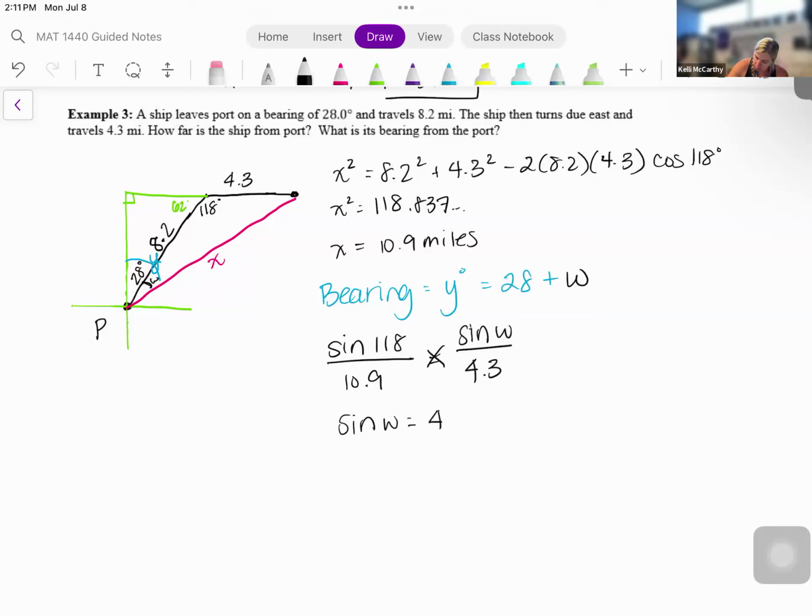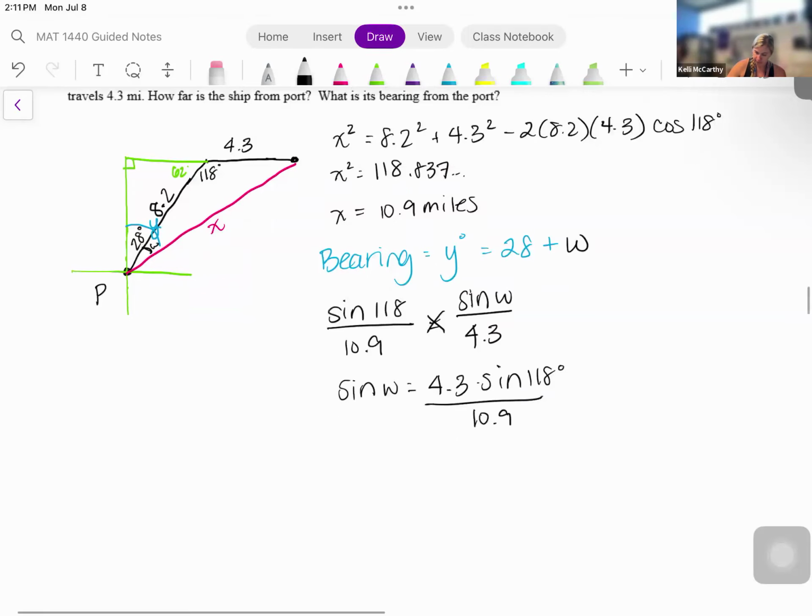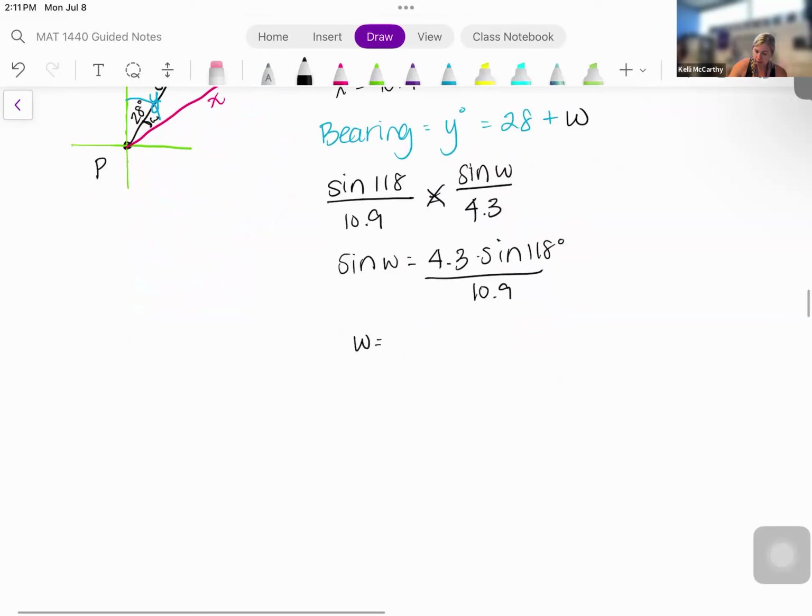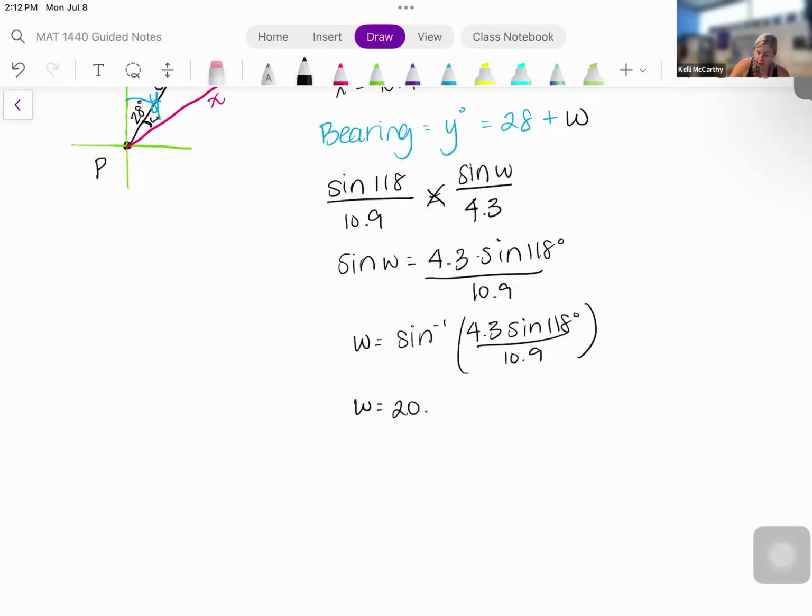Sine of W is 4.3 times sine of 118 degrees divided by 10.9. So our angle W is inverse sine of 4.3 times sine of 118 degrees divided by 10.9. That gives us W to be 20.38 degrees.